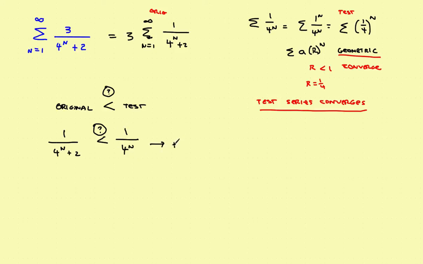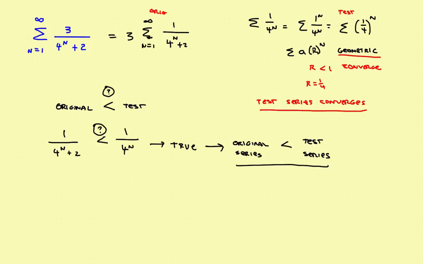So indeed, that inequality is true. And what that means is you showed that the original series is less than the test series that you were comparing it to. So you've got that step done.